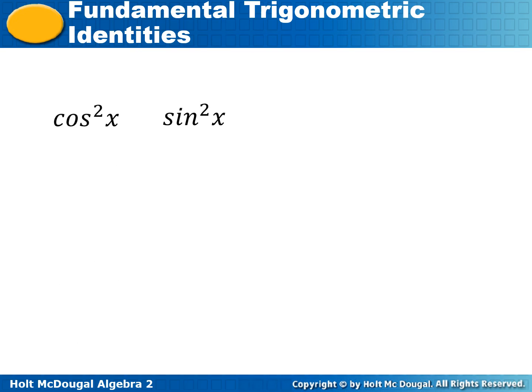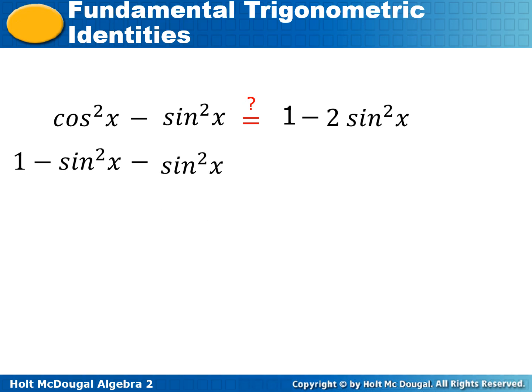So in here, we are going to prove that cosine squared x minus sine squared x is really equal to 1 minus 2 sine squared x. So from here, we are going to rewrite cosine squared x as 1 minus sine squared x. Then minus sine squared x, we copy. Is it equal to 1 minus 2 sine squared x?